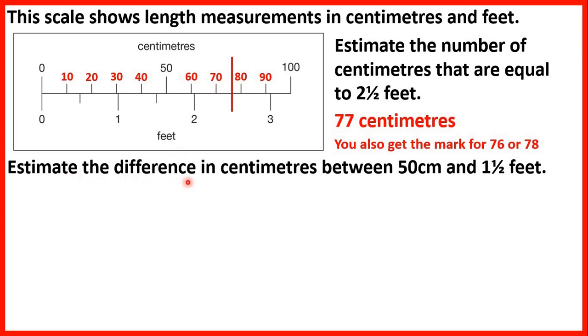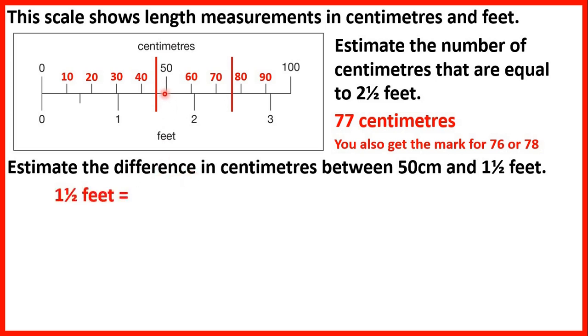Now estimate the difference in centimetres between 50 centimetres and 1.5 feet. So 50 centimetres is this line here, and 1.5 feet is halfway between 1 and 2. So when we're finding the difference, we subtract.